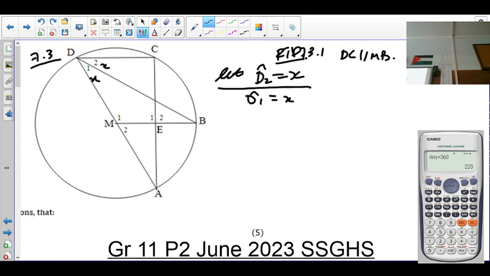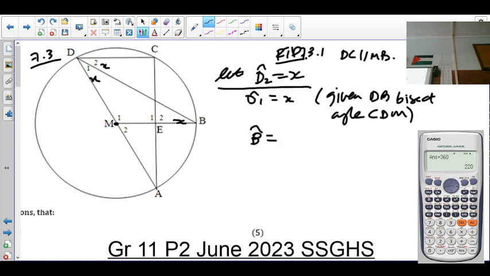Because it's given that DB bisects angle CDM. That's also X. But remember that M is the center of the circle, so angle B has to also be X. Why? Because angles opposite equal sides, which comes from the fact that they are radii. You must mention the radius.